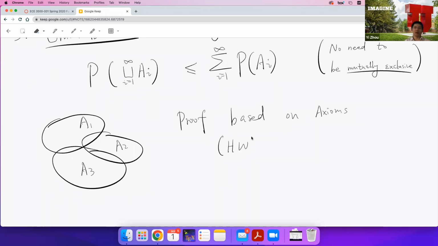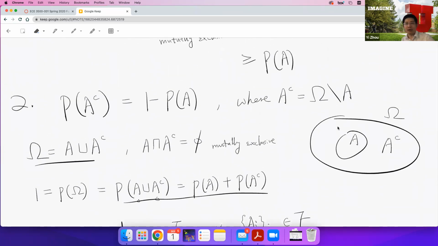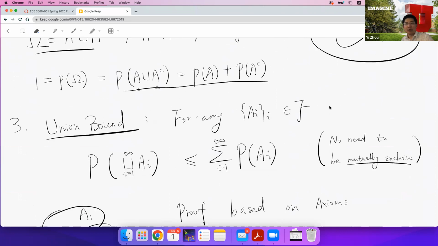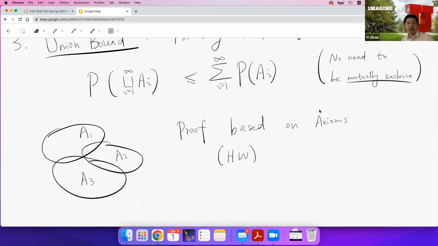I will not go over the proof here, but I will give you a hint. It's exactly the same strategy as what we have done before. On the left-hand side, you have this union event. On the right-hand side, all the events are separated.